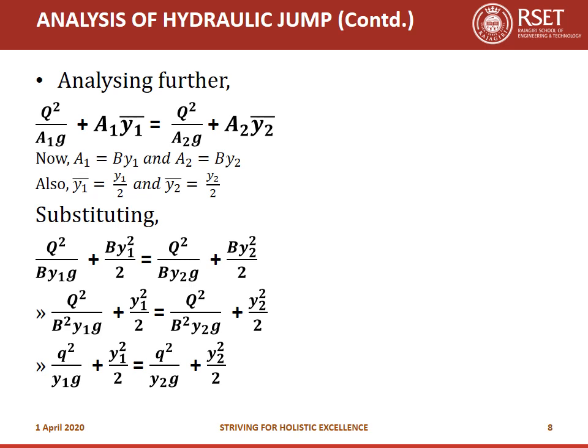We all know that capital Q by capital B is small q, the discharge per unit width. So Q squared by B squared becomes small q squared. So I'll get small q squared by Y1 G plus Y1 squared by 2 is equal to small q squared by Y2 G plus Y2 squared by 2.